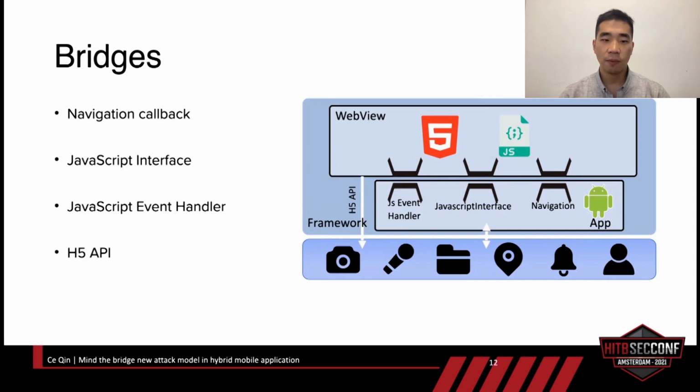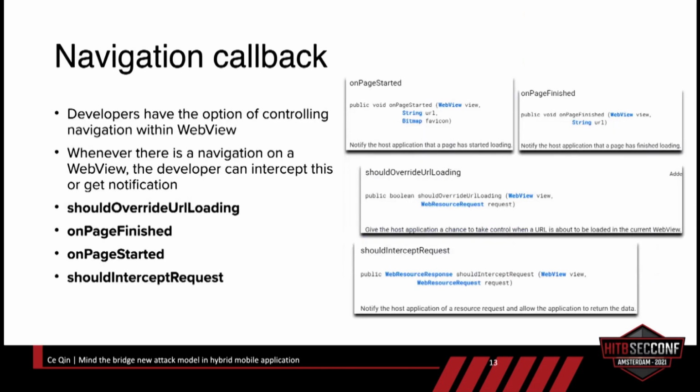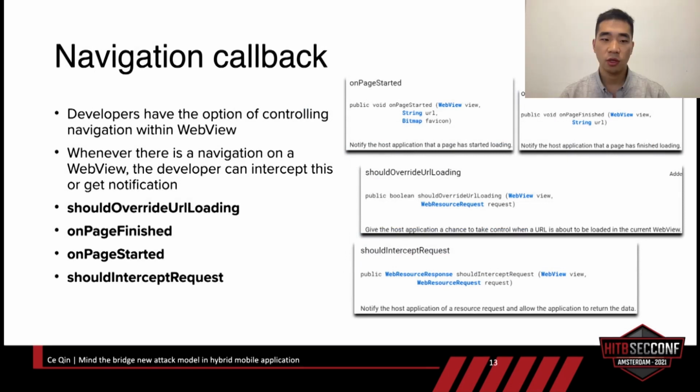For a hybrid app, there are several bridges between HTML and native resources: native callbacks, navigation callbacks, JavaScript interfaces, JavaScript event handlers, and HTML5 APIs. The first bridge, navigation callback.